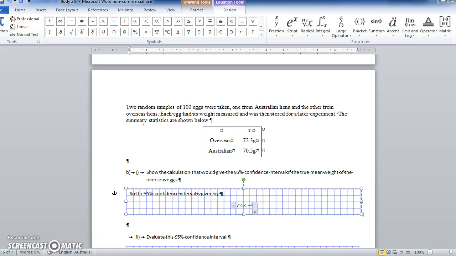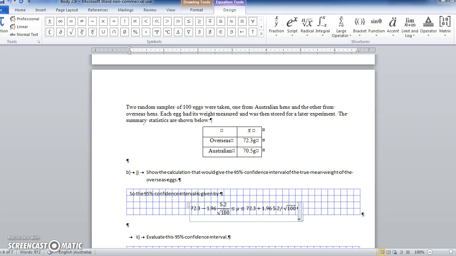So it's x bar, take 1.96 times the standard deviation, which is 5.2, divided by the square root of 100, less than or equal to our population mean of weights of eggs, and then it's going to be 72.3 plus 1.96 times 5.2 over the square root of 100.